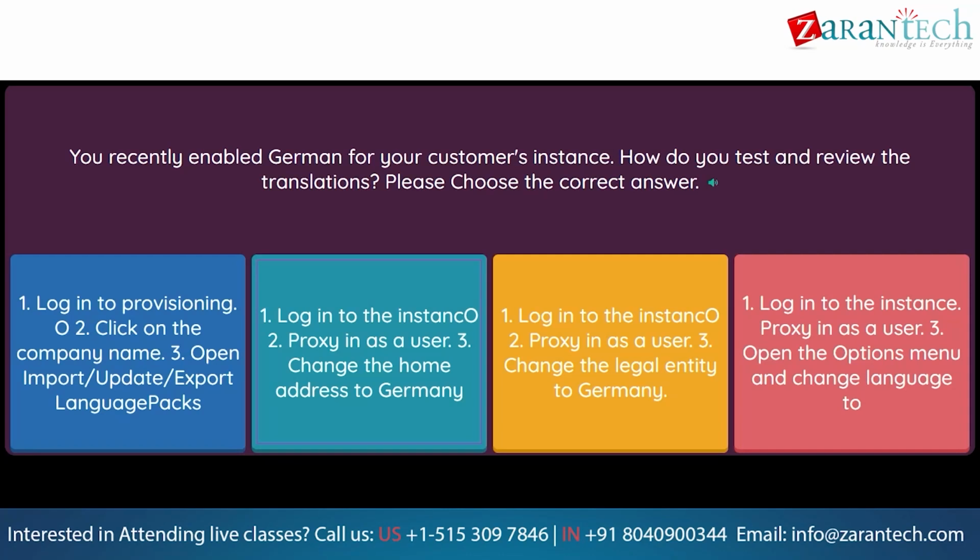Option 2: log into the instance, proxy in as a user, change the home address to Germany. Option 3: log into the instance, proxy in as a user, change the legal entity to Germany. Option 4: log into the instance, proxy in as a user, open the options menu and change language to German.